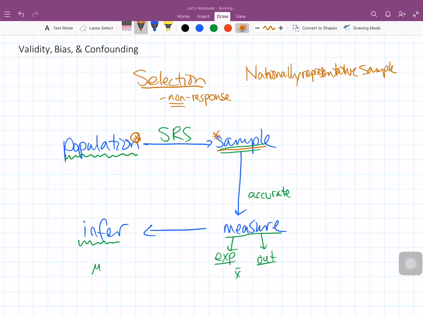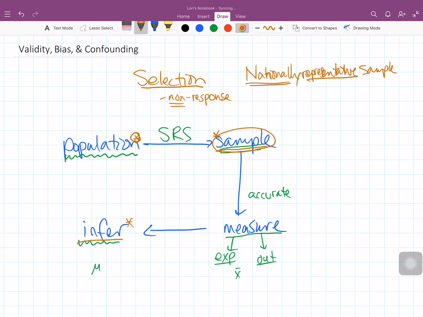And this really gets into who can, once we've taken this sample, who can we then infer the results back to? So if I try to draw a sample that represents everybody in the nation, then I would be able to better infer back to everybody, say, who lives in the United States.